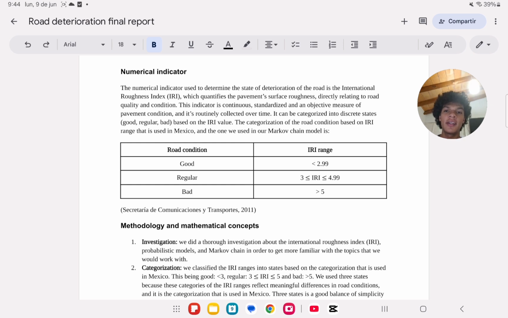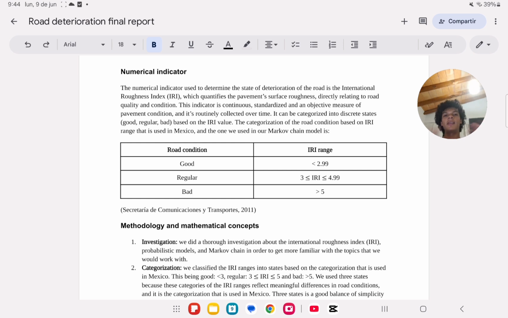Now, the numerical indicator that we used, we basically put it in three categories. When it's less than 2.99, it's good, and if it's between 3 and 4.99, it's regular, and if it's more than 5, then it's bad.